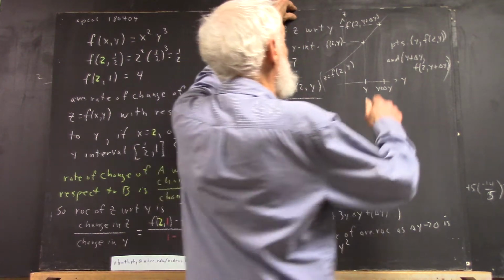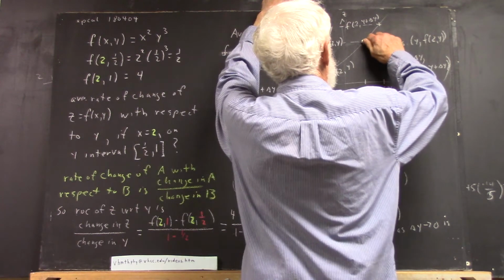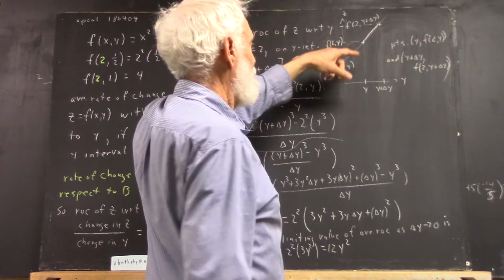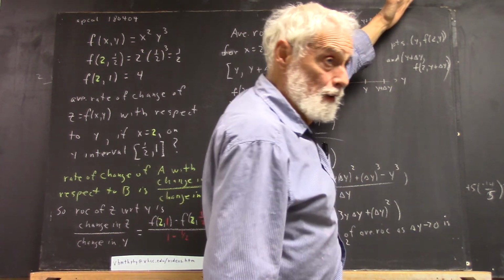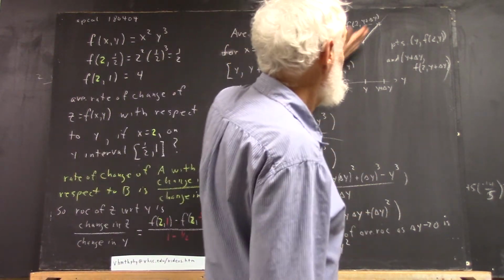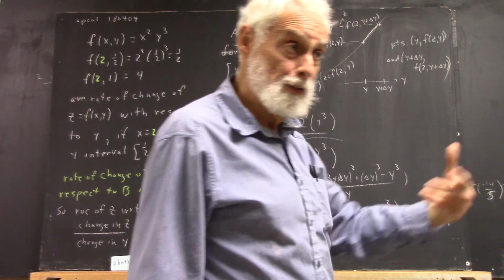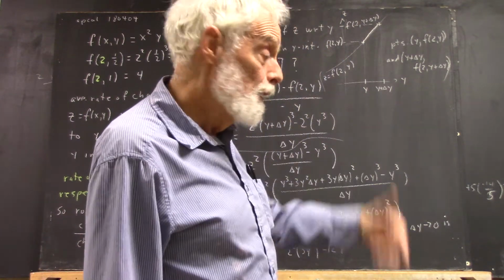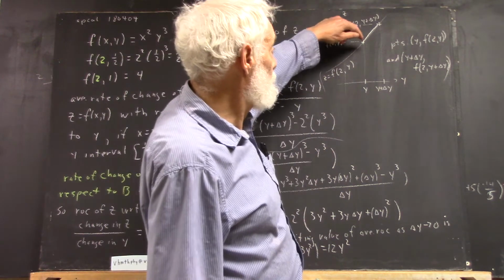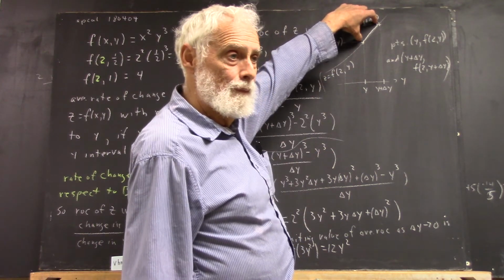So what's the slope of the line segment from here to here? Now that line segment doesn't exactly coincide with the curve, does it? Because, unless this curve is a straight line, and in this case it isn't. Okay, it's concave up for reasons we'll see. But what's the slope of the segment here?